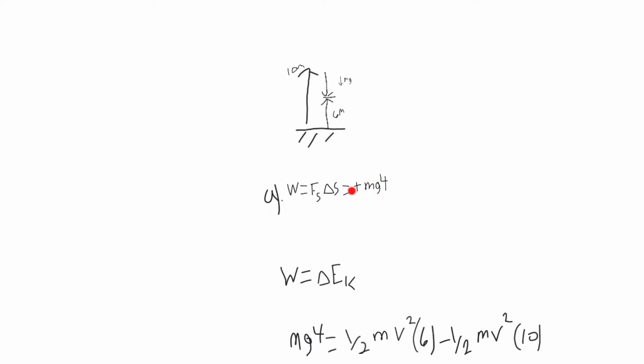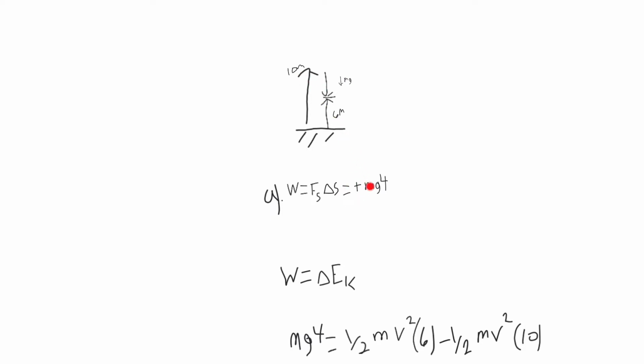It's going from 10 meters to 6 meters, so it's going down, in the same direction as the displacement. So the force is in the same direction as the displacement, so it's going to be a positive number. If the force was in the opposite direction, then it would be negative. But it's in the same direction, so it's positive.